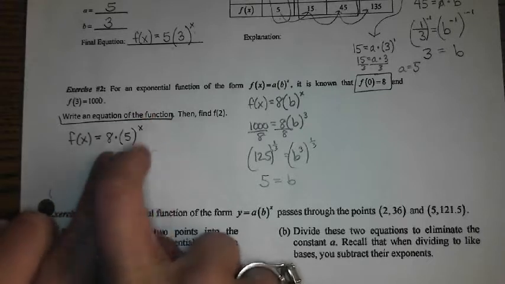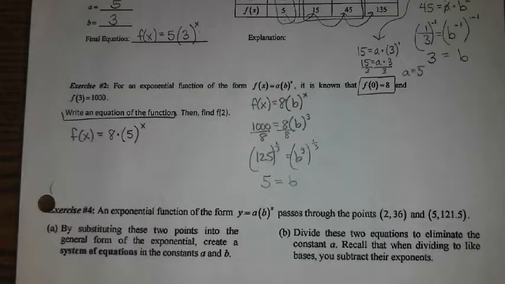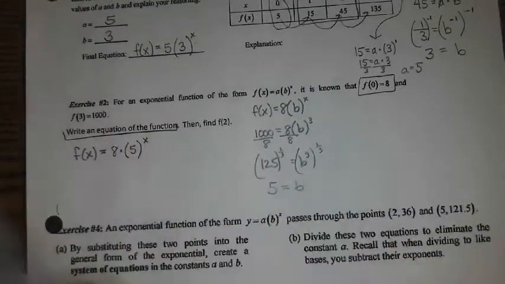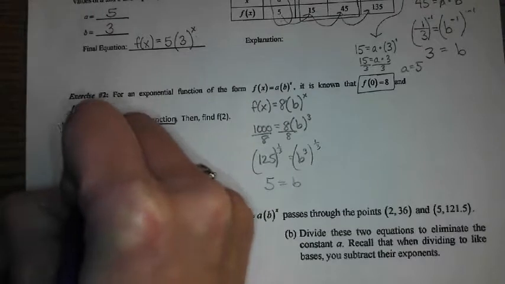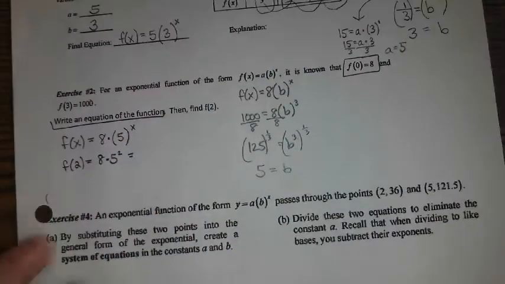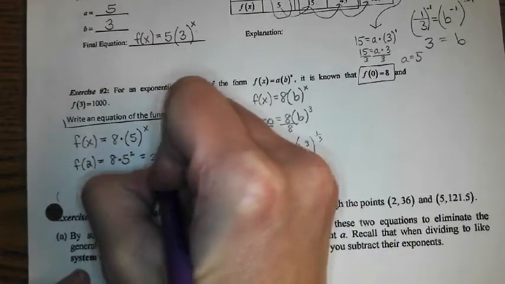So you would do 5 to the x power first, and whatever that answer is, you multiply by 8. So there's our equation, and now we're just finding f of 2. So plug in 2. And then we can kind of do this without our calculators to practice that order of operations. 5 squared comes first, is 25. 25 times 8 is 200.